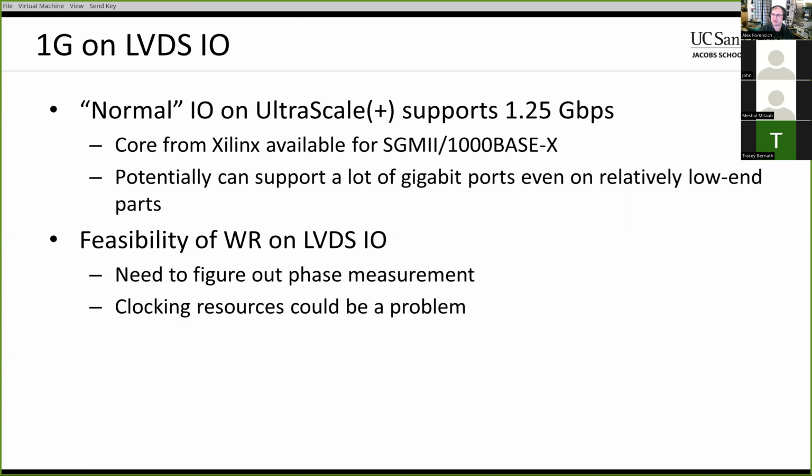I'm suspecting that clocking resources could end up being a problem to limit the scalability. So the nice thing about the LVDS I/O is you can fit, I think it's like 3 diff pairs per nibble group, which works out to 3 full, 1 gig ports per byte group. And I think there's 4 byte groups per IOB.